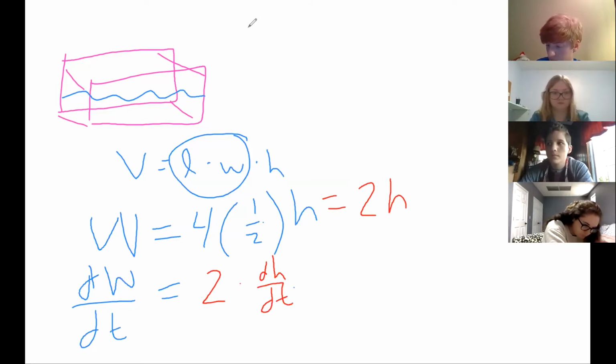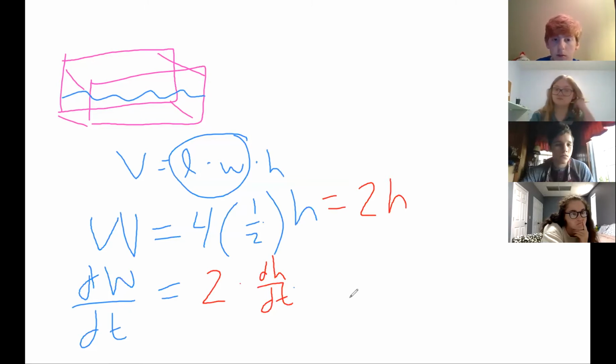Okay, so after you've taken the derivative, that's when you go in and try to find out what information you need to find. And right now I care about the height change at t = 6. So dH dt, that's what I'm looking for. I'm finding this piece of information.